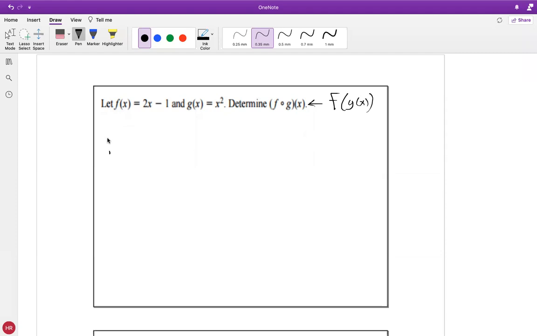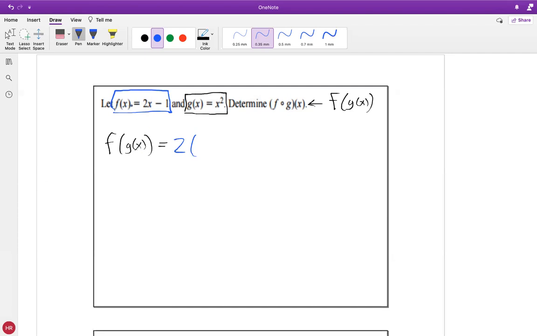So f of g of x equals, so what is g of x in this problem? It's right there. g of x is x squared. So f of x, 2x minus 1. So it's 2 times, and then the thing that goes where the x is now, remember, that's like if I said what's f of 10, you'd put a 10 where the x is. If I said what's f of 20, you'd put a 20 where the x is.